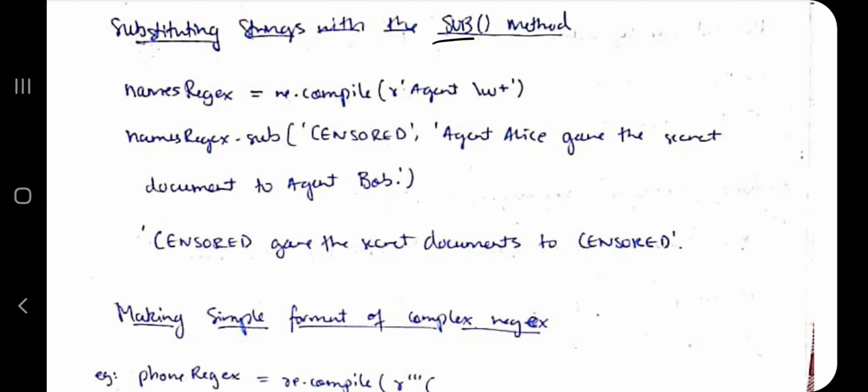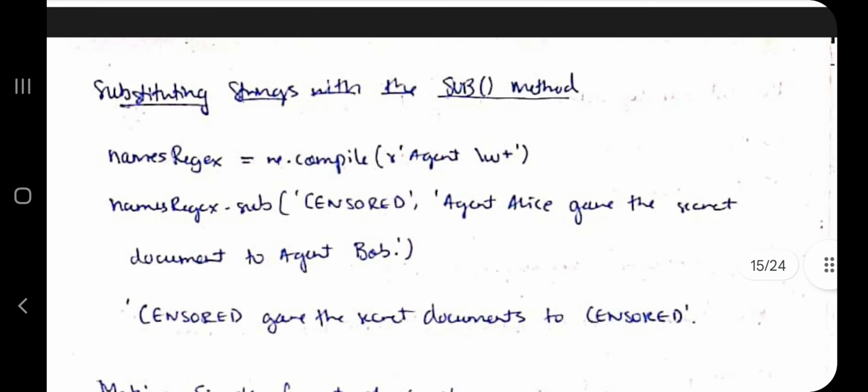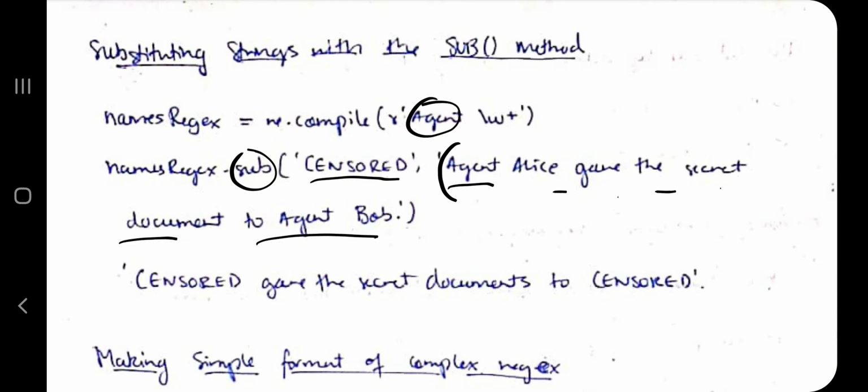And if you want to substitute strings, we use the sub method. See here, it is written like agent followed by one or more words. So, if I write sub to substitute the word censored, and I pass this text here, agent Alice gave the secret document to agent Bob. Agent is matched in two places, this one and this one.